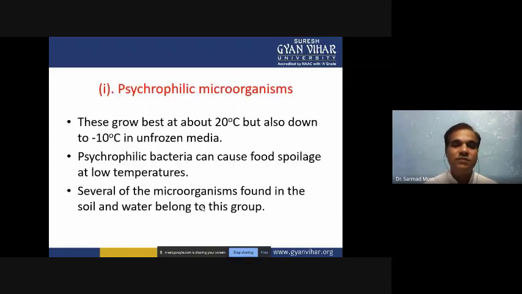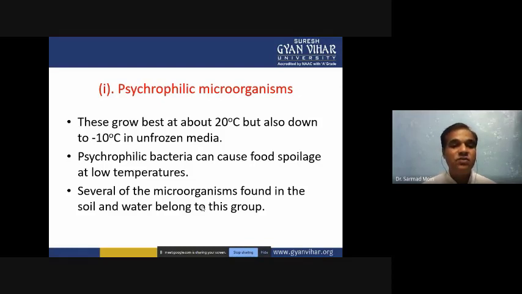Then psychrophilic microorganisms. Some microorganisms are extremophilic. They can grow at low temperatures also, like 0 degree, -10 degree. So from 0 to -10 degrees, they can grow very easily. These extremophilic bacteria can utilize the food material, and they will spoil the food.